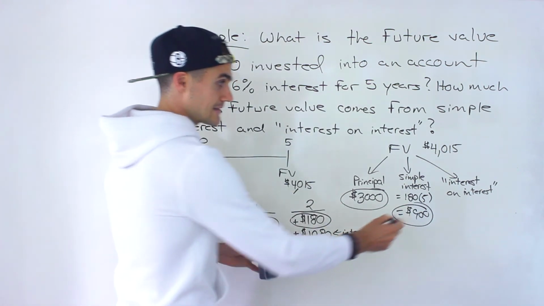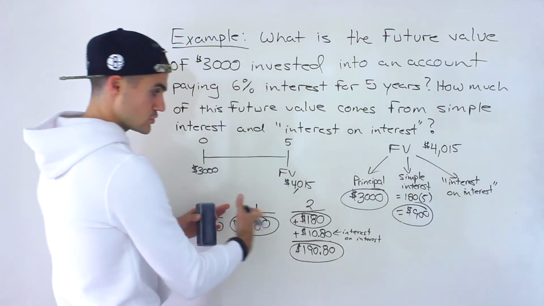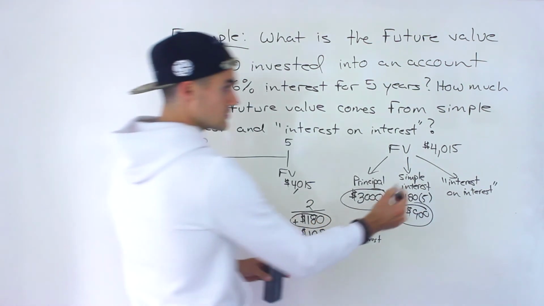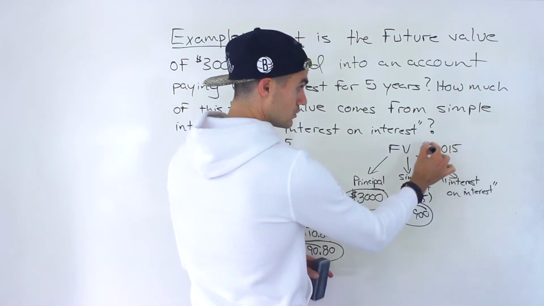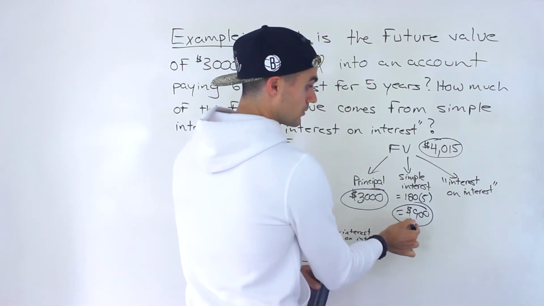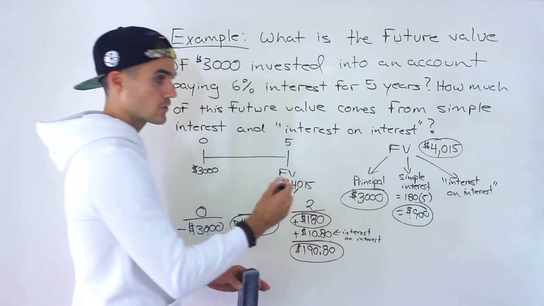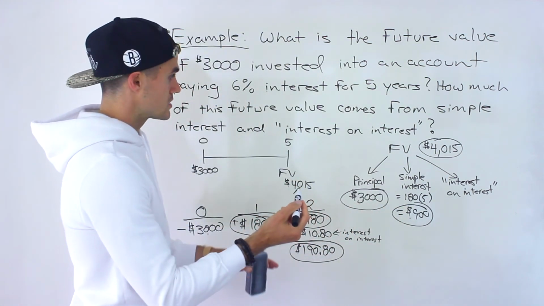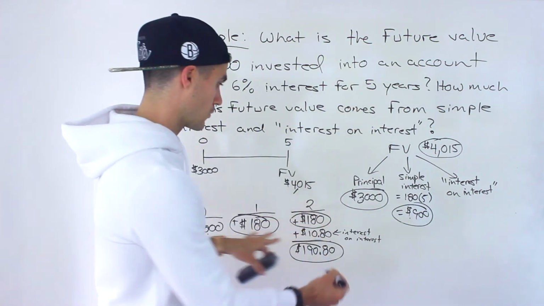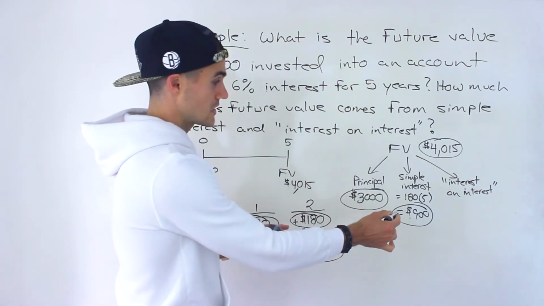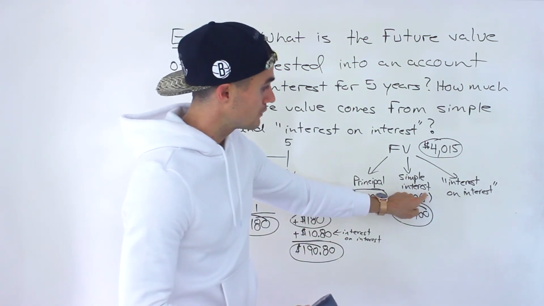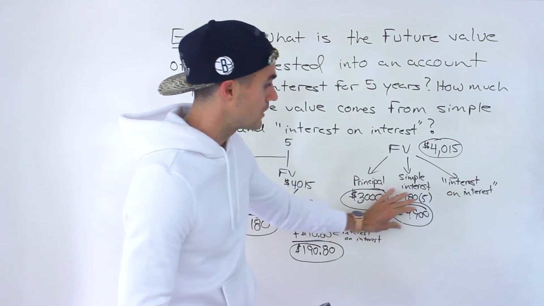And so to get this interest on interest, you don't have to do this manually for 5 years. All you have to do is take the difference. You could take the total amount and subtract the principal and then the simple interest, because the simple interest is always going to be easy to calculate. This is not bad because it's for 5 years, but what if it was for 50 years? We're not going to do this 50 times. All you have to do is change this 5 to a 50 and you'd have the simple interest.